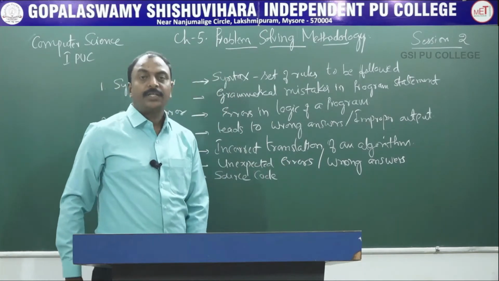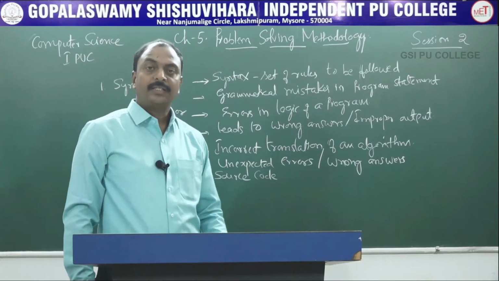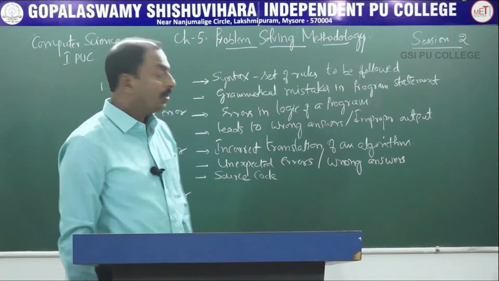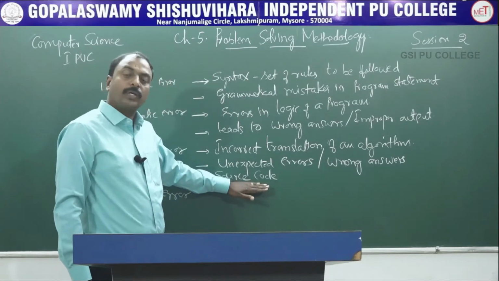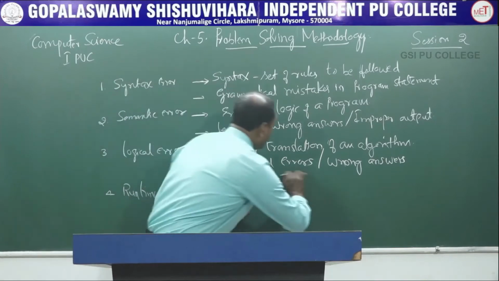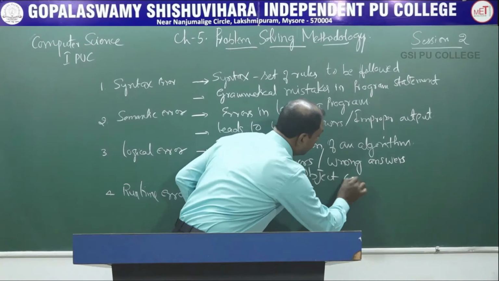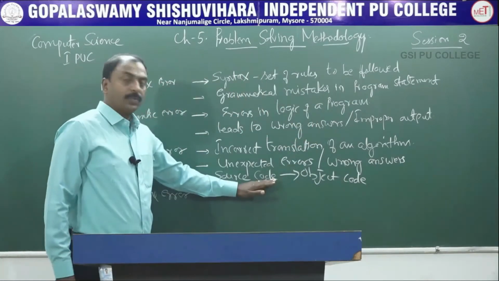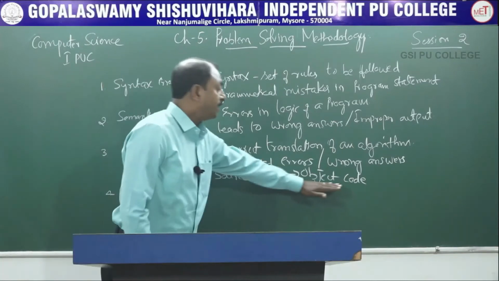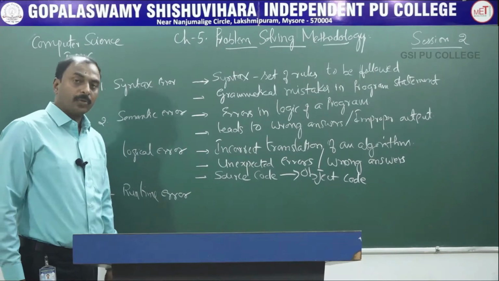We have learned different types of translators: interpreter, assembler and compiler. With the help of a translator, the source program or source code has to be translated into an object program or object code. Any problem or mistakes in this conversion lead to logical error in a program.